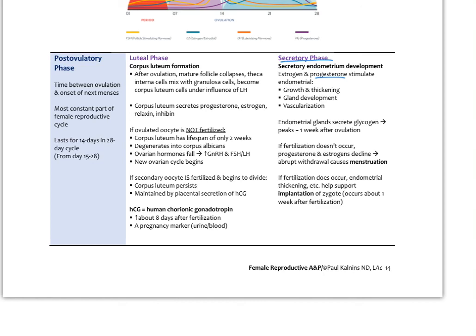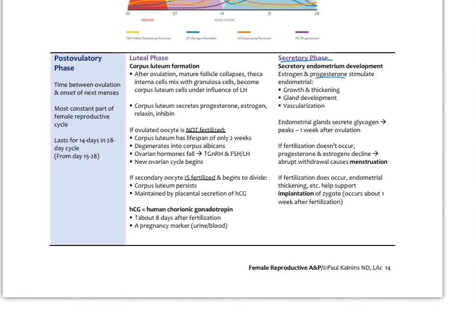If the ovulated oocyte is not fertilized, the corpus luteum has a lifespan of only about 2 weeks. It degenerates into the corpus albicans, and the ovarian hormones will fall. We'll see then a rise in the gonadotropins because the negative feedback will be released to the hypothalamus and pituitary. So GnRH will go up, so will FSH and LH, and a whole new ovarian cycle will begin.